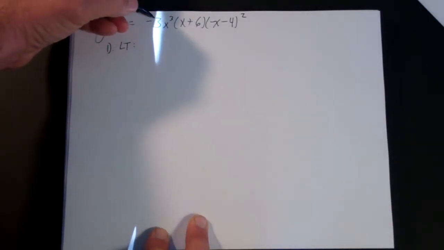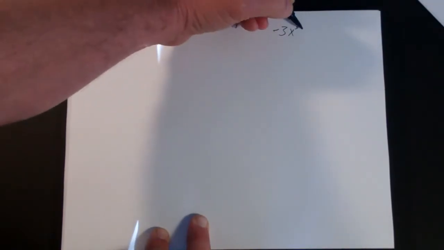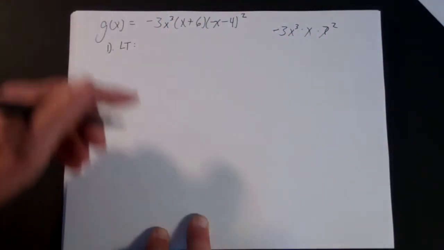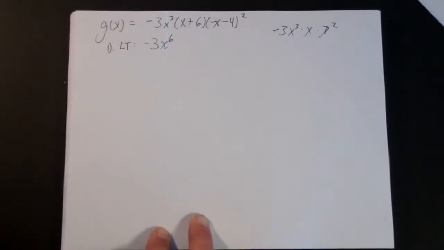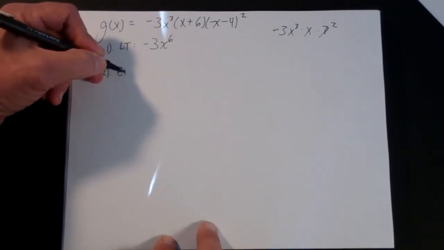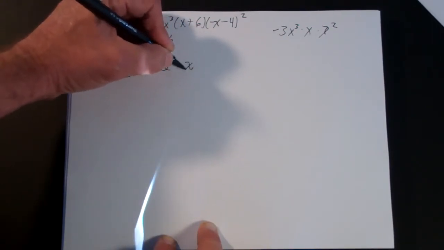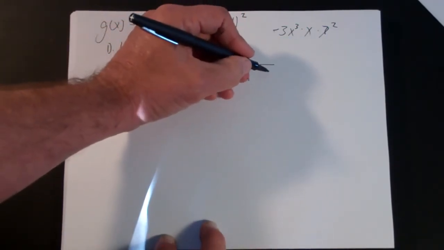The leading term is minus 3x cubed times x squared, so that's minus 3x to the 6th. Second step, end behavior. This is going to be like x squared, but since it's negative, it's going to be like negative x squared. So the end behavior will be like that.